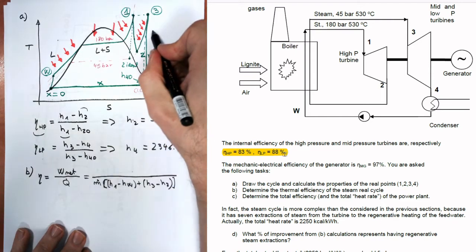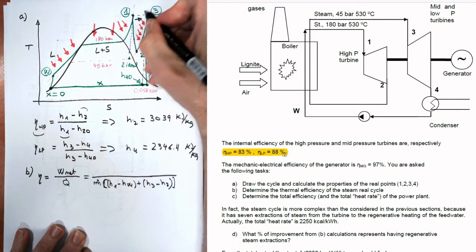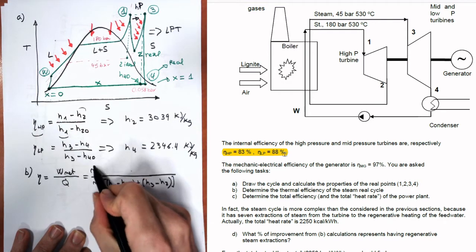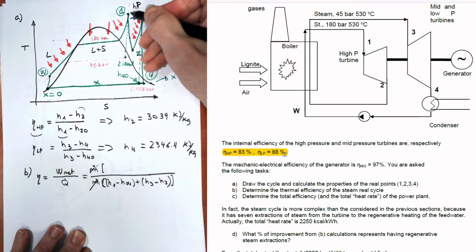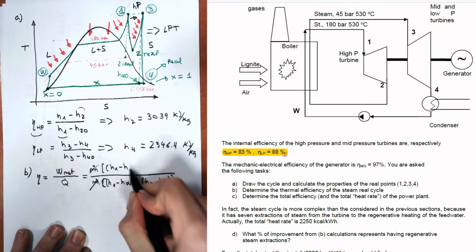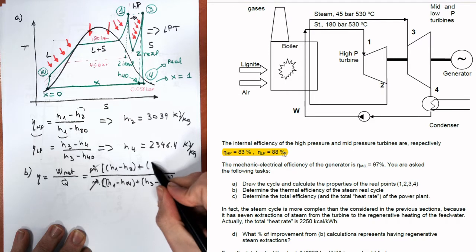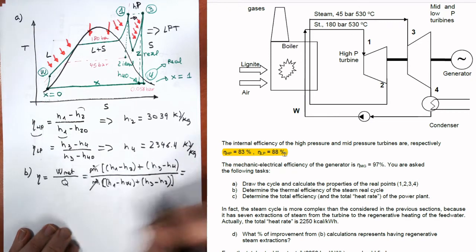The work that we obtain is the work here, the high pressure turbine, and the work here, the low pressure turbine. Again the mass flow, multiplied by the difference of enthalpy from 1 to 2 and from 3 to 4. So H1 minus H2 plus H3 minus H4.